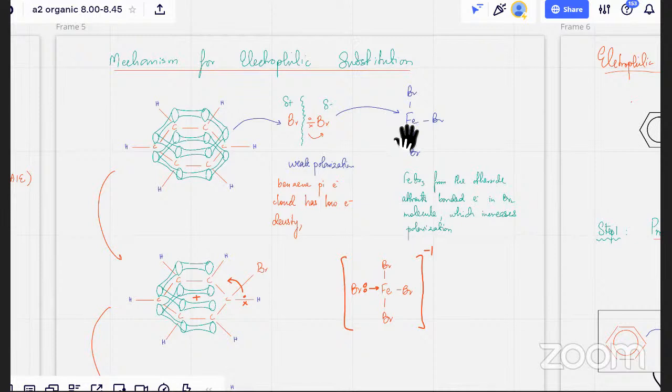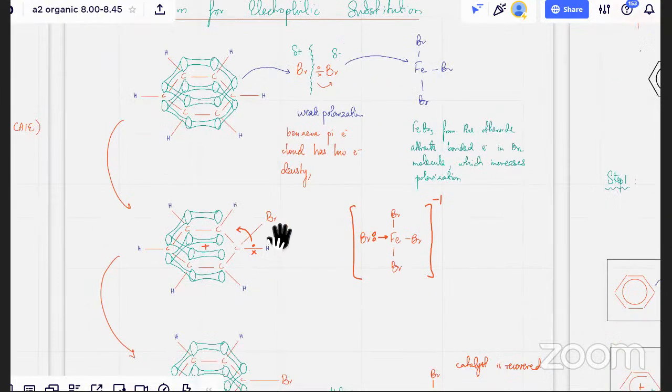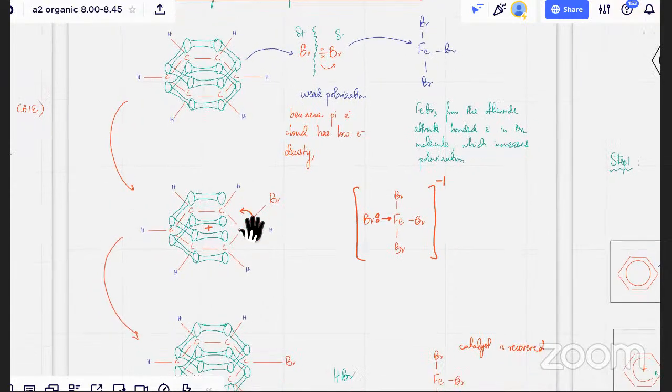It pulls the electron from the other side, whereas the electron cloud over here pushes the electron to the other side. So when this bromine positive ion is formed, it quickly pulls an electron from the benzene. So the benzene carbon atom over here has an electron cloud missing, because the electron got attracted to the bromine.